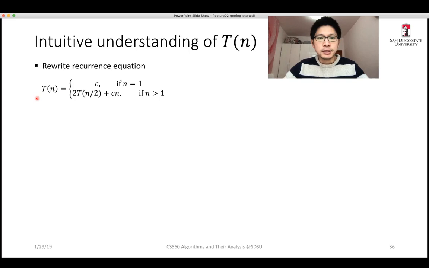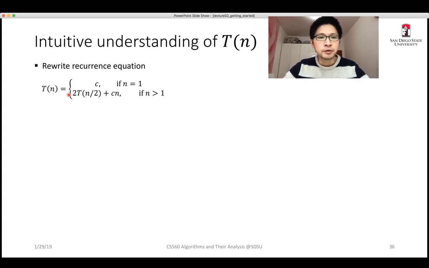And we will leave the rigid proof of this solution to future lectures when we talk about the general solutions to divide and conquer algorithms. But now we can just have an intuitive feeling of how we solve these kinds of recurrence equations.